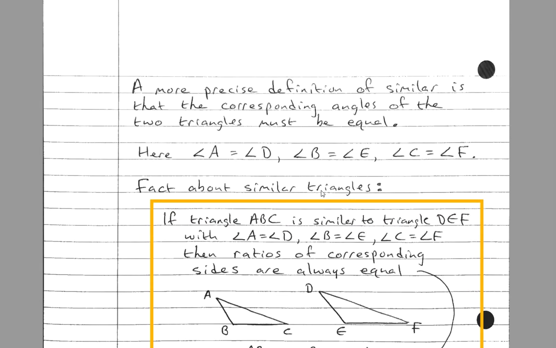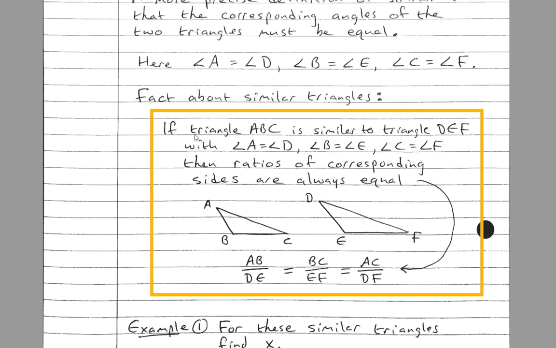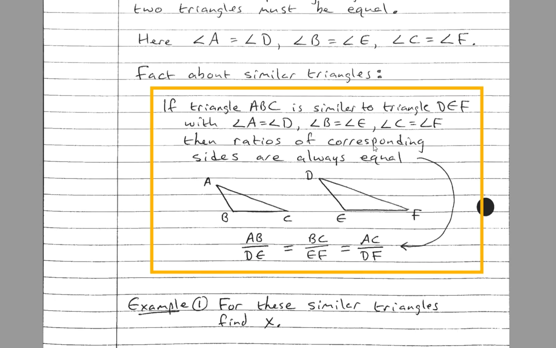What's this got to do with proportions? Well, here's a fact about similar triangles. If two triangles are similar with matching angles, then the ratios of corresponding sides are always equal.